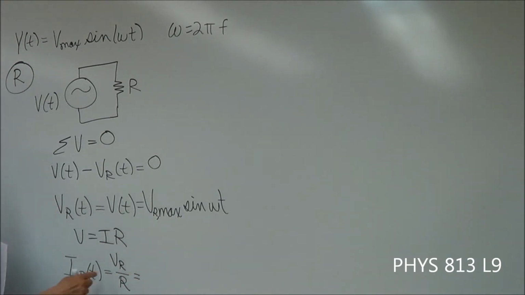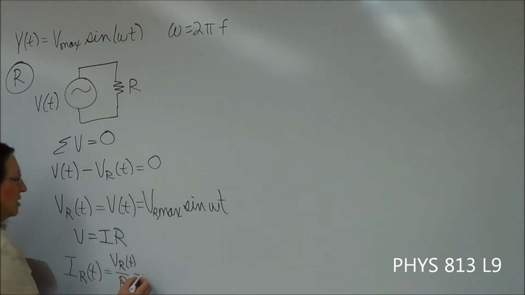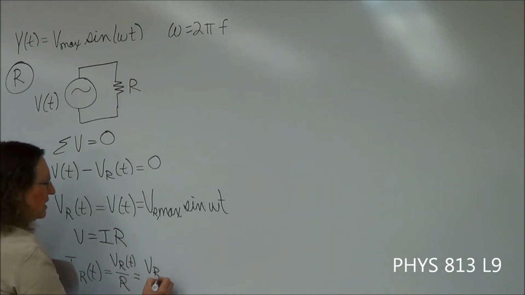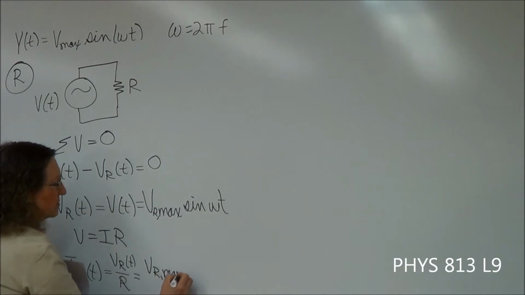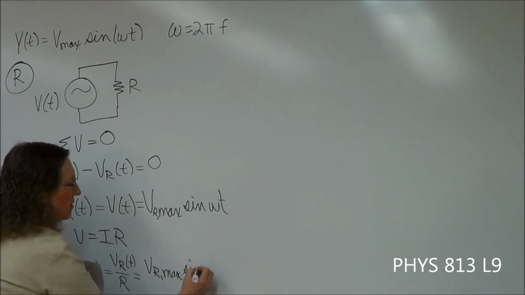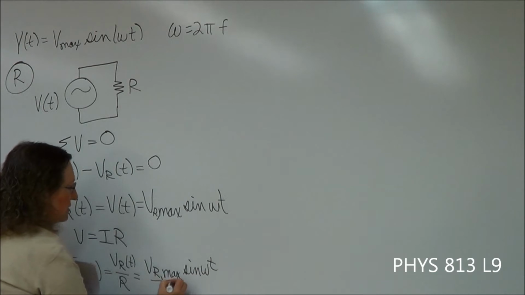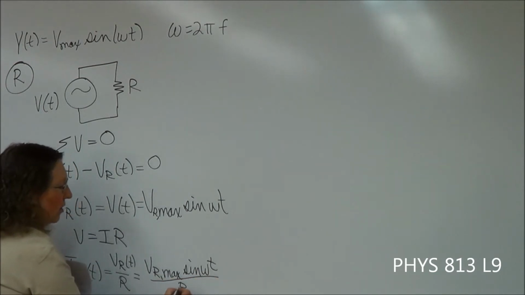And then this one is actually as a function of time. So this VR of t is our equation here. So we're going to have VR max sine omega t divided by R.